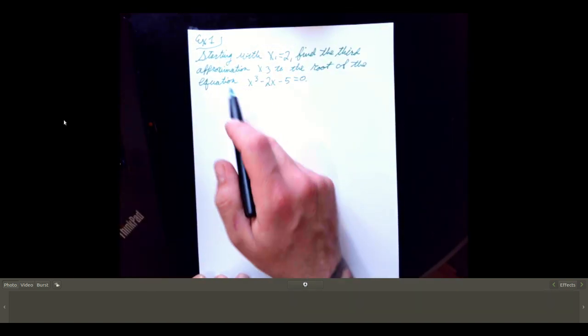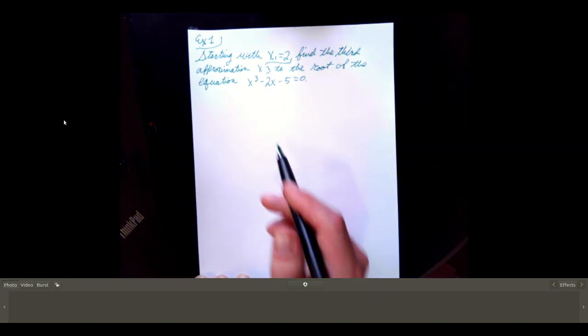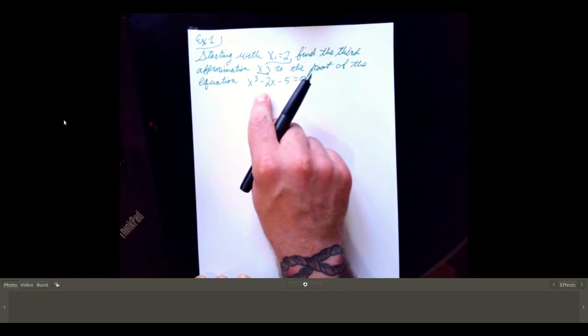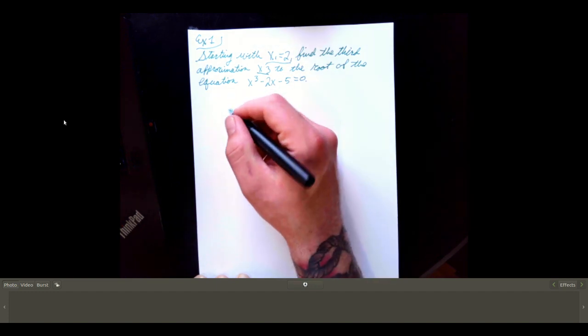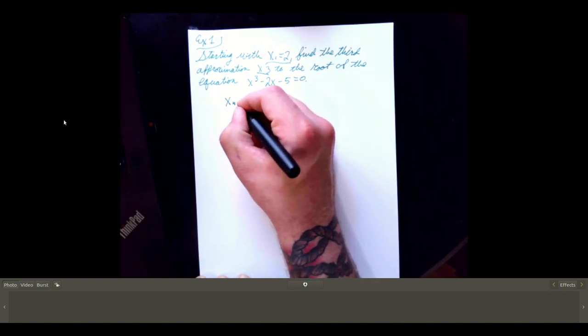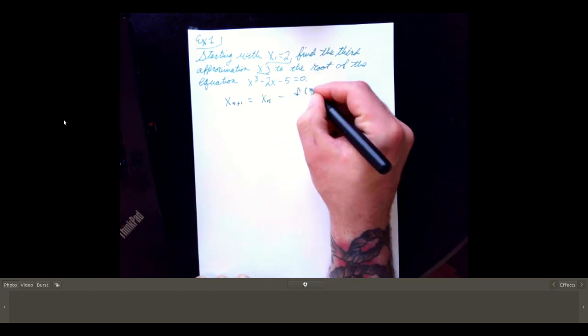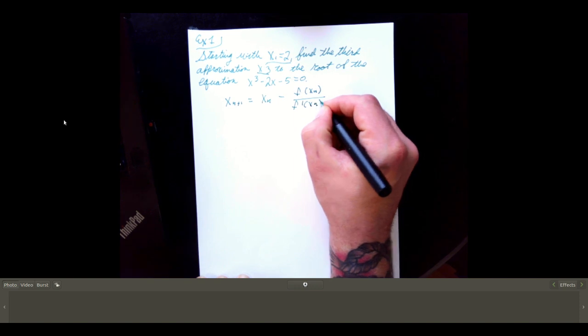So, example 1. Starting with x1 is equal to 2, find the third approximation, or find x3, to the root of the equation x cubed minus 2x minus 5 is equal to 0. And our formula, our algorithm, is x sub n plus 1 is equal to x sub n minus f of x sub n divided by f prime of x sub n.